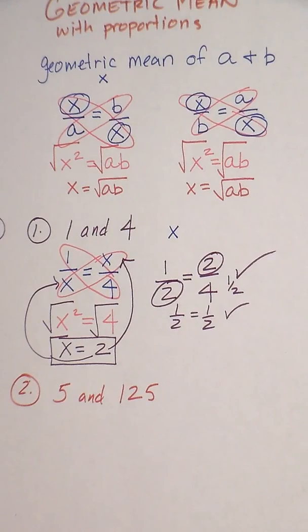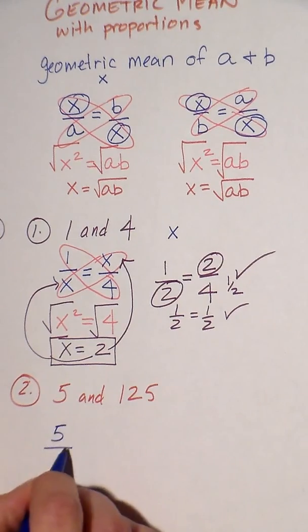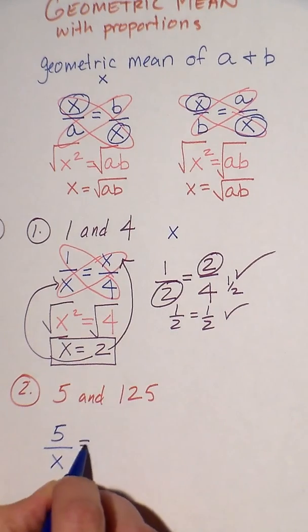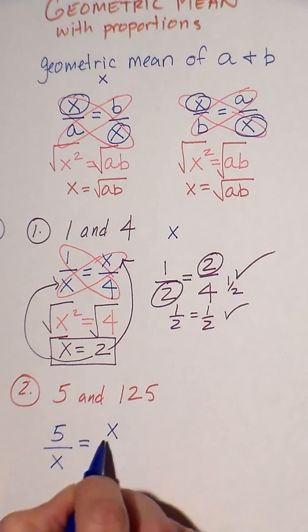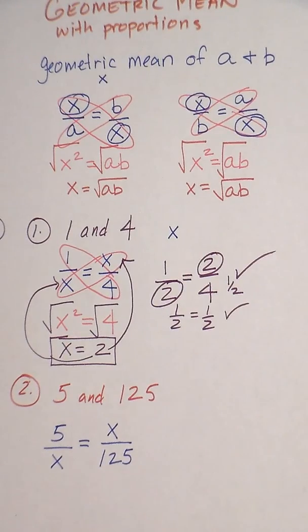So I've got 5 and 125. So let's see what we can do about the geometric mean here. So that means 5 over x equals x over 125. So I'm trying to figure out what the geometric mean of these is.